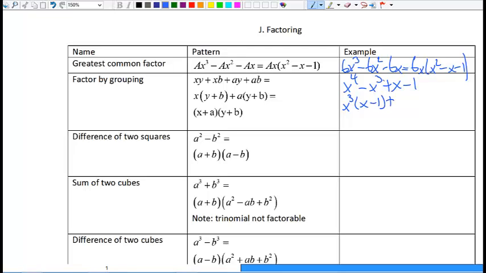And then the second two terms, it doesn't look like I can take anything out, but I can actually factor out a 1. And the reason why I do that is it will fit this factor by grouping pattern. And so if I do this correctly when you factor by grouping, then these two binomials should match. In which case you can just group up the outer pieces, so x cubed plus 1 times x minus 1.